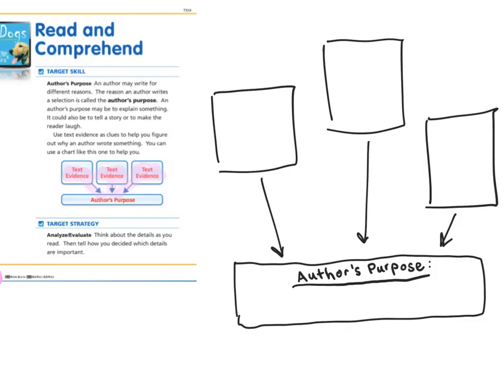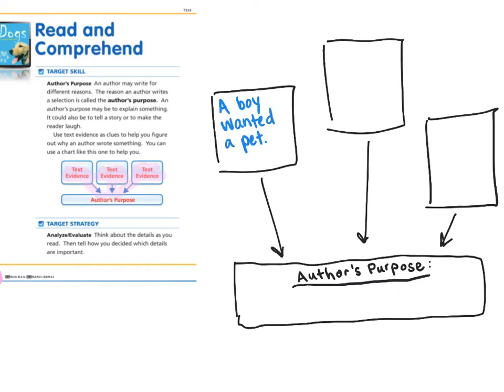For example, let's think about Henry and Mudge that we read 2 weeks ago. Let's think about that story. Some things that I remember from that text was that it was relatable because it was about a boy who wanted a pet.